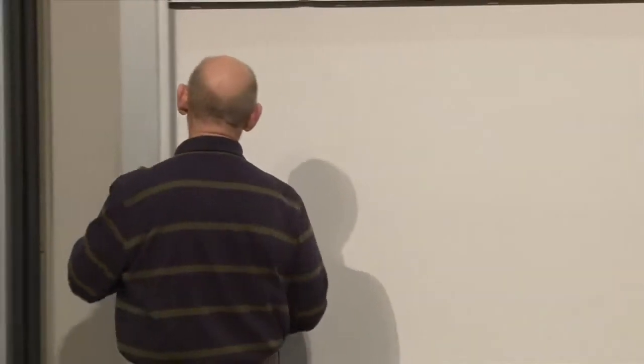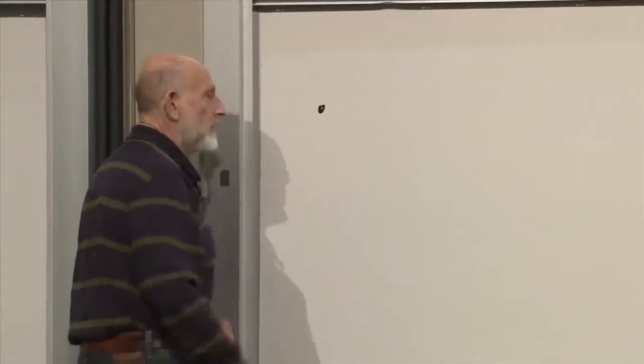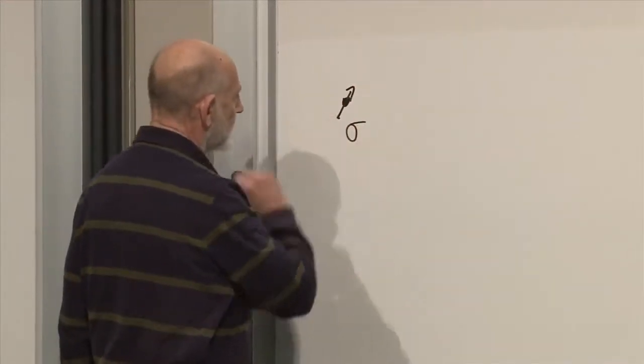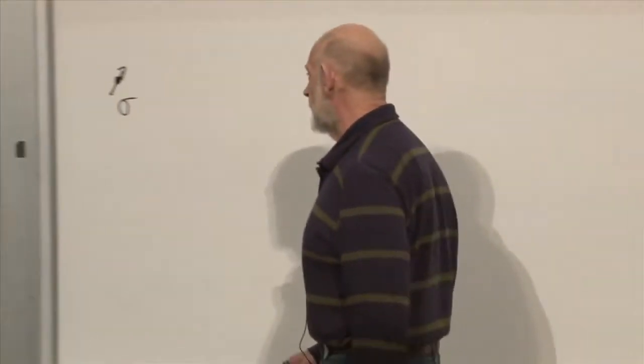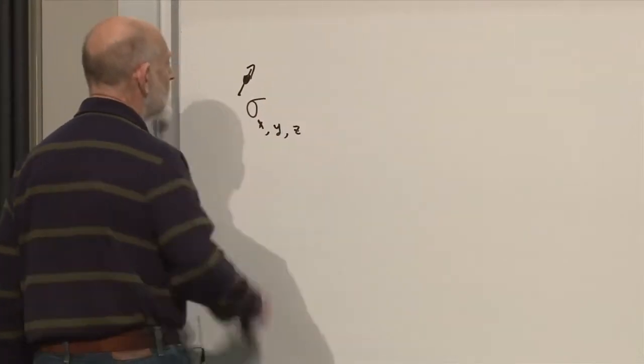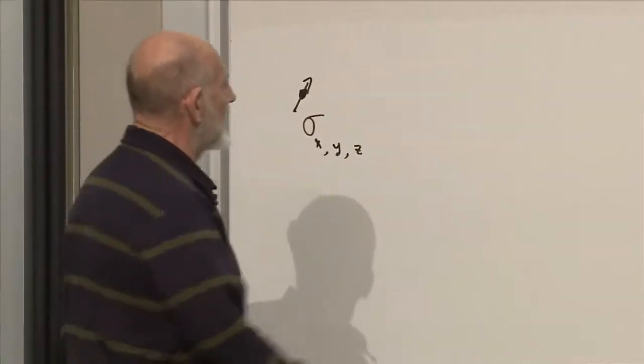So what do we have? We have an electron nailed down at this position over here, and it has a spin, which we're going to call sigma. And it has 3 components, sigma x, y, and z. And we have another one over here. We need a name for it.